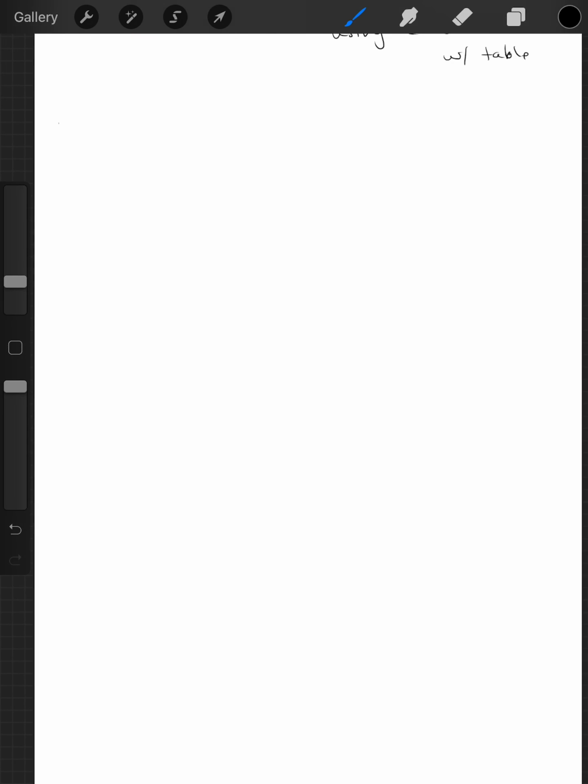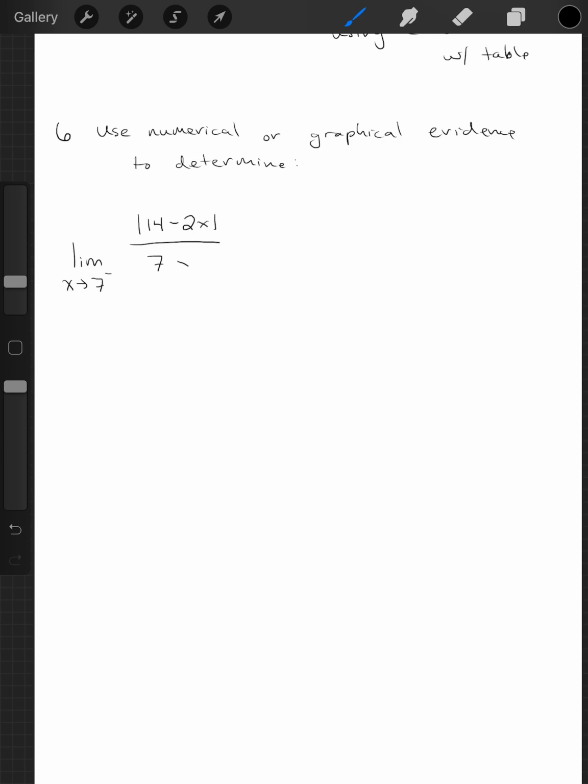Problem 6 was very similar. It said use numerical or graphical evidence to determine the limit as x approaches 7 from the left of 14 minus 2x all over 7 minus x.